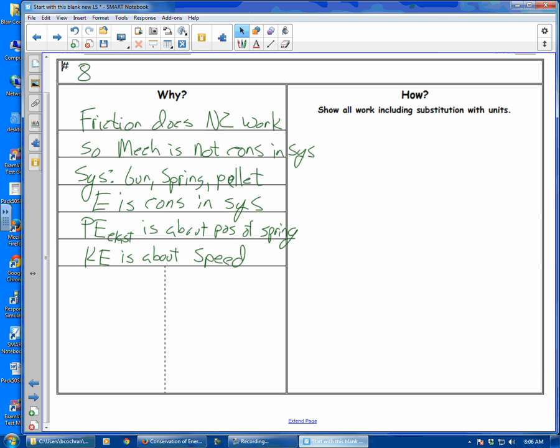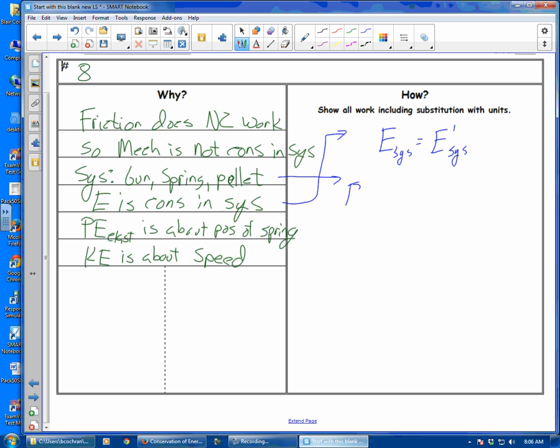So that why should lead me right into my how here. Very specifically, energy of the system is conserved. That means the energy I have at the beginning of the system will equal the energy I have at the end of the system. And then, what's in that system? We have the gun. We have the spring, so PE of the spring would be a good thing to have in here.